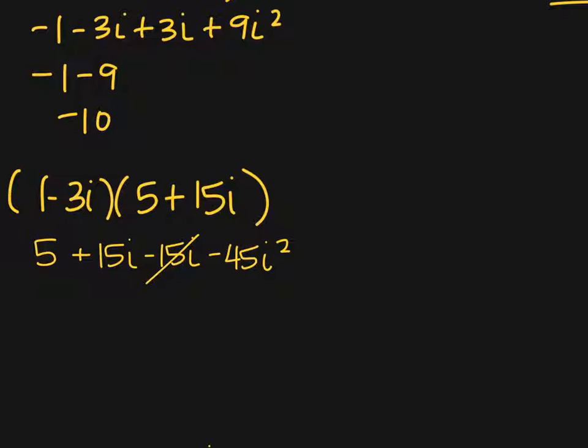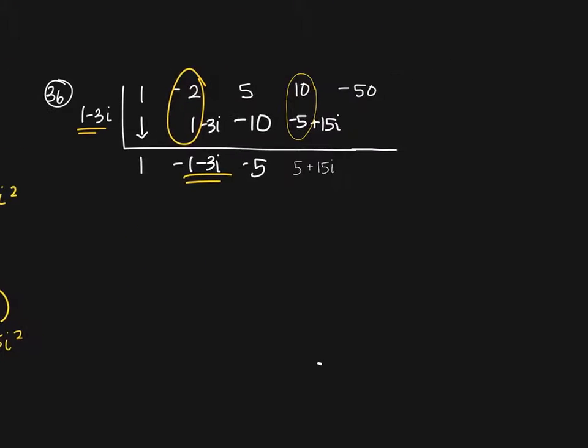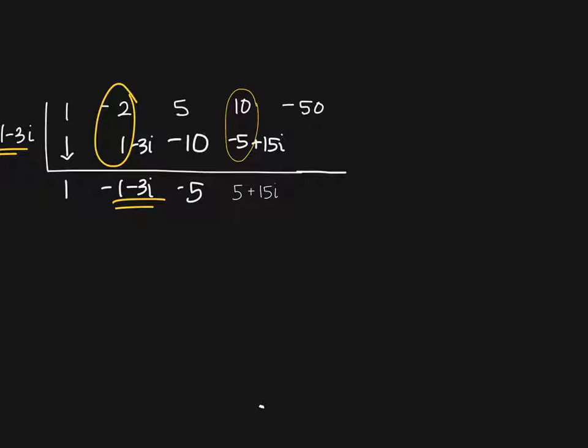So clearly the 15i's in the middle knock out, but what do I get at the end then? I get 5 plus 45, and I work out with 50. So I'll bring that over to my synthetic division, and it's a good thing I got 50, because that allowed me to get 0, which is what I needed.